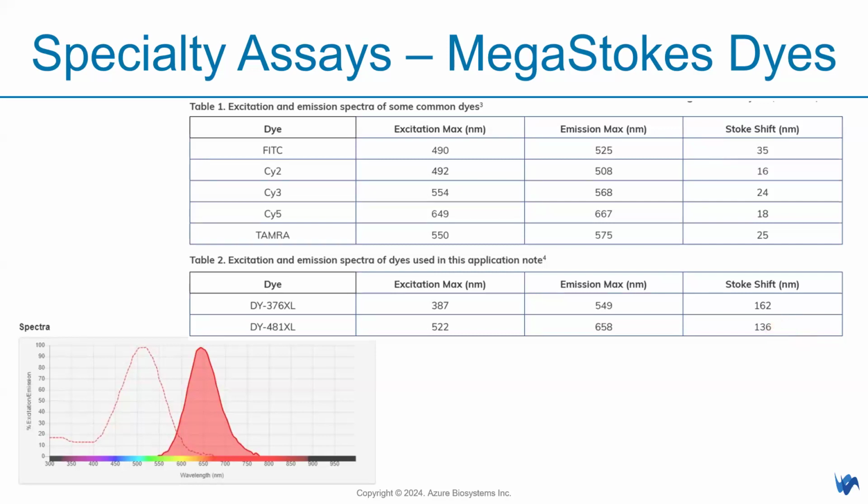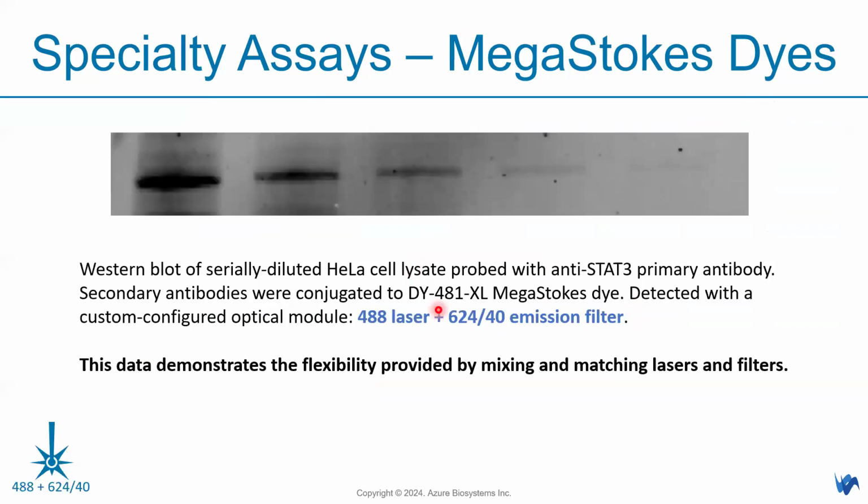A Stokes shift that is greater than 80 nanometer wavelength will minimize the crosstalk between the excitation light and the detection of the emitted fluorescence during the imaging, where you have a better signal to noise ratio and imaging quality. So this can be done by pairing the excitation and emission filters, the modular design that we have in Sapphire FL.